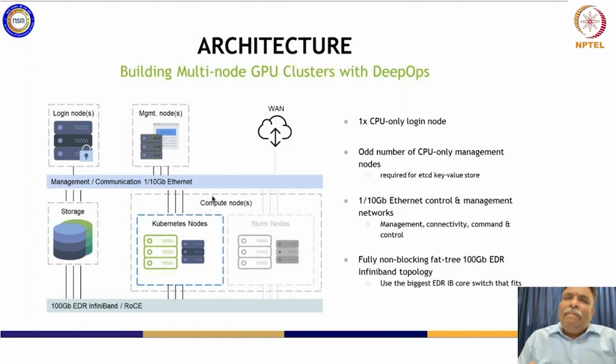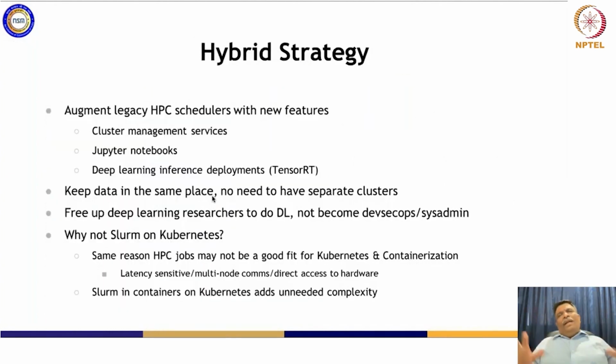So something like that. So here I'm just going into the basics of how DeepOps came into this. And now there is an idea of a hybrid strategy wherein we augment legacy HPC schedulers with new features. So we have cluster management services, we have Jupyter notebooks, we have deep learning inference deployments, right? So you have to do inferencing.